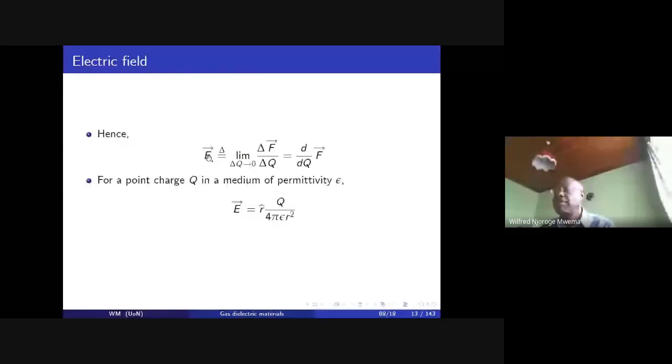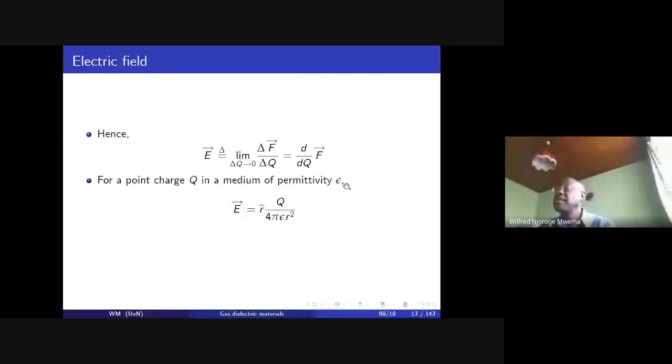But for all practical purposes, we can always assume that it is also a continuous function, and therefore just use it as it is. So for a point charge Q in a medium of permittivity epsilon, it will establish an electric field defined as r cap Q over 4 pi epsilon r squared. And this we see is force per unit charge.